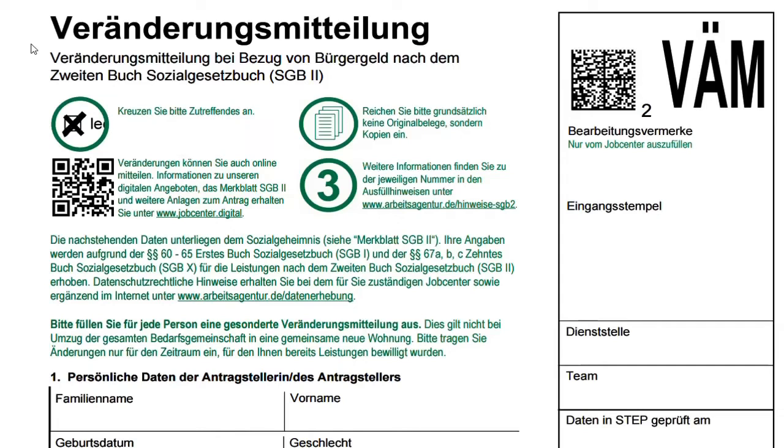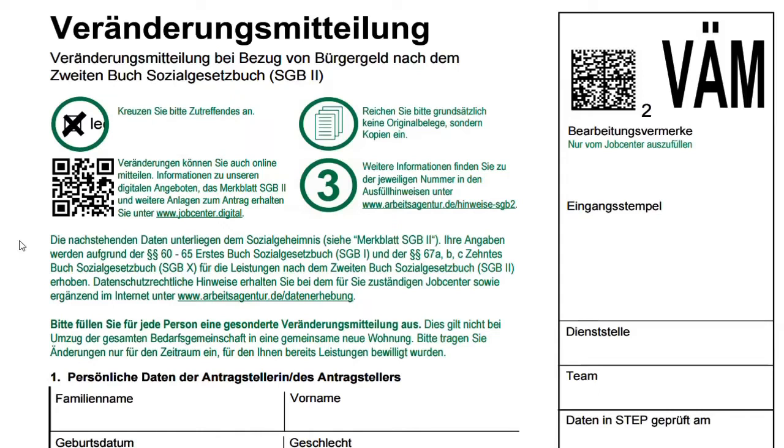So you fill in this form to inform the job center about the changes in your living situation or work situation, or in the work situation or living situation of another person in your family for whom you fill in this form. Now I would like to explain for you how you can fill this form in.